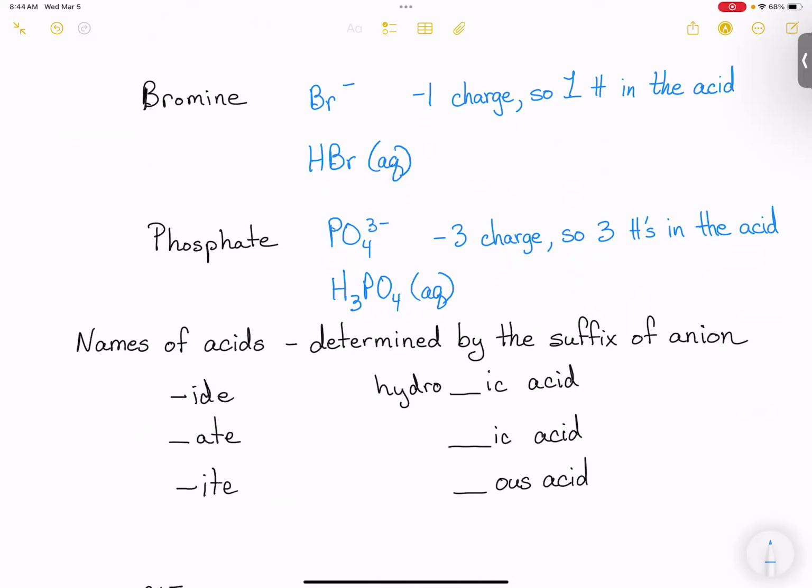If the anion ends in IDE, then the acid is going to have the prefix hydro and the suffix ic acid.